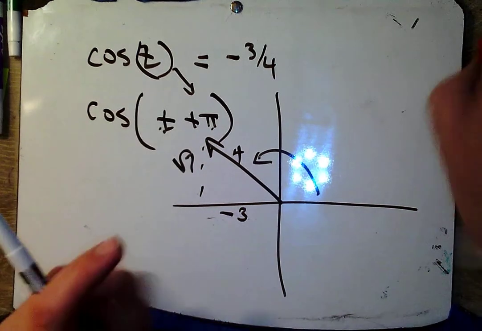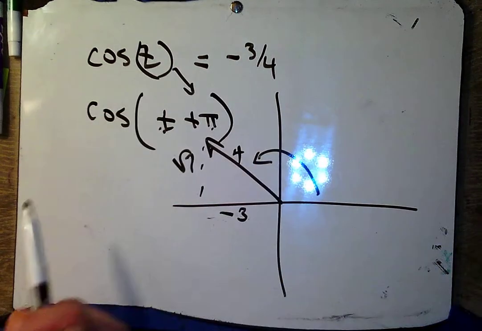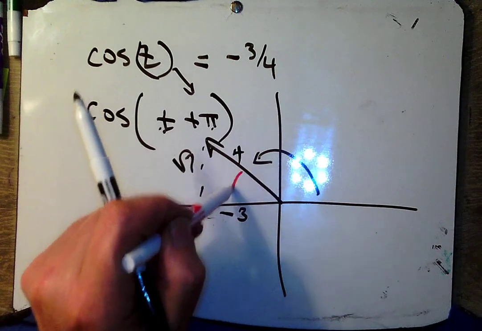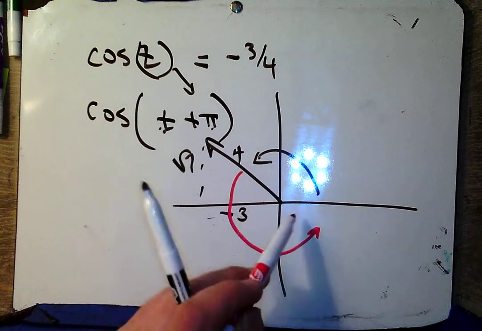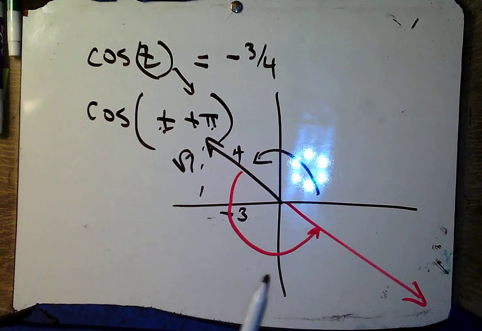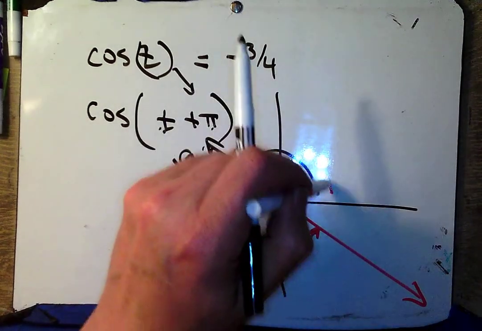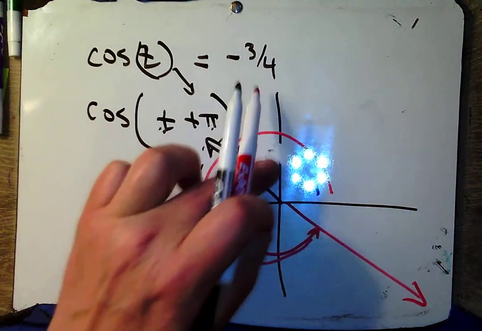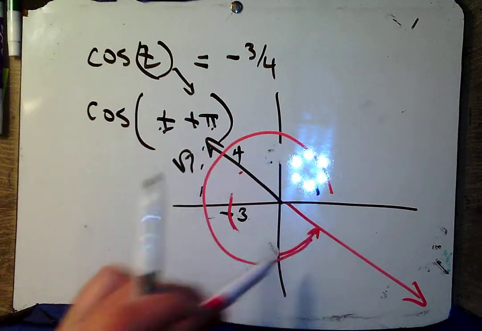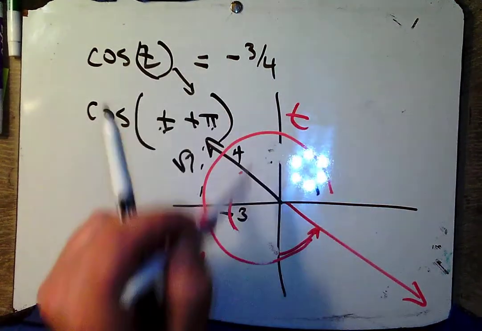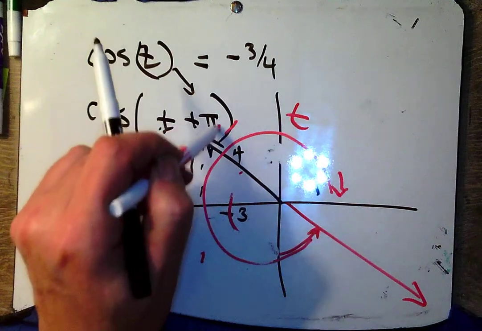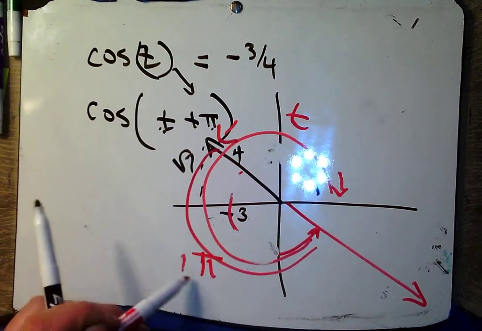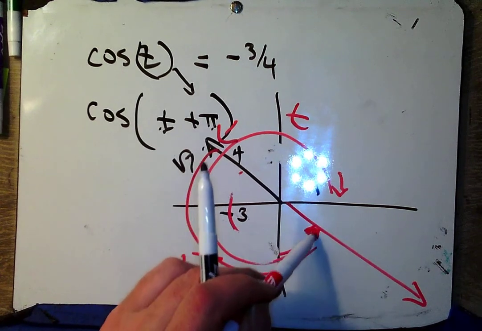Well, remember, the whole circle is 2 pi radians. And so adding pi means going halfway around the circle. And so this angle here is t. That's this part. And here's adding half a circle, that's plus pi, brings us over here.